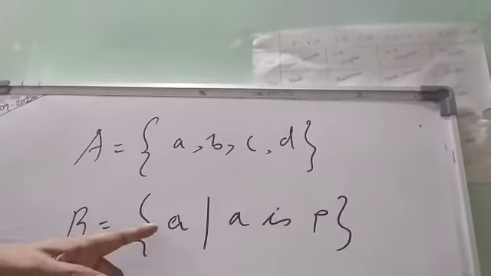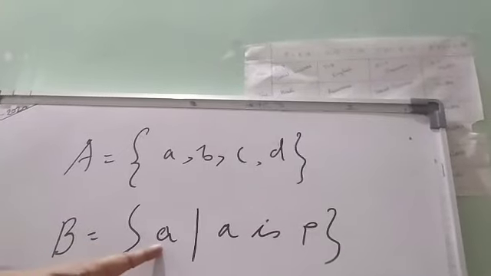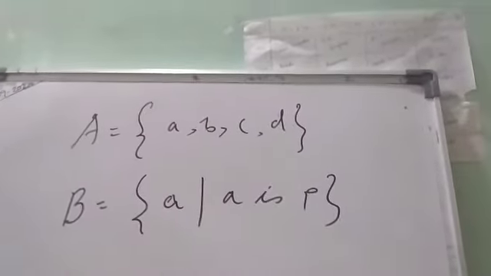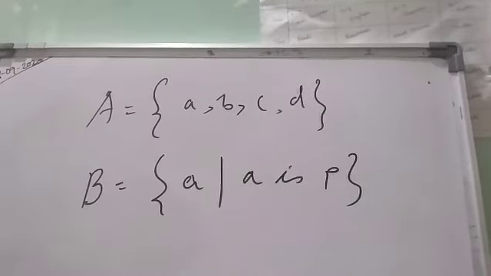B is a set of all the elements of type a, which a has the common property of P. So these are the two ways of writing a set, and we'll try to write a set of small or finite number of elements in the first way, and if the number of objects are infinite or very large, then we will use the second way of writing the set.